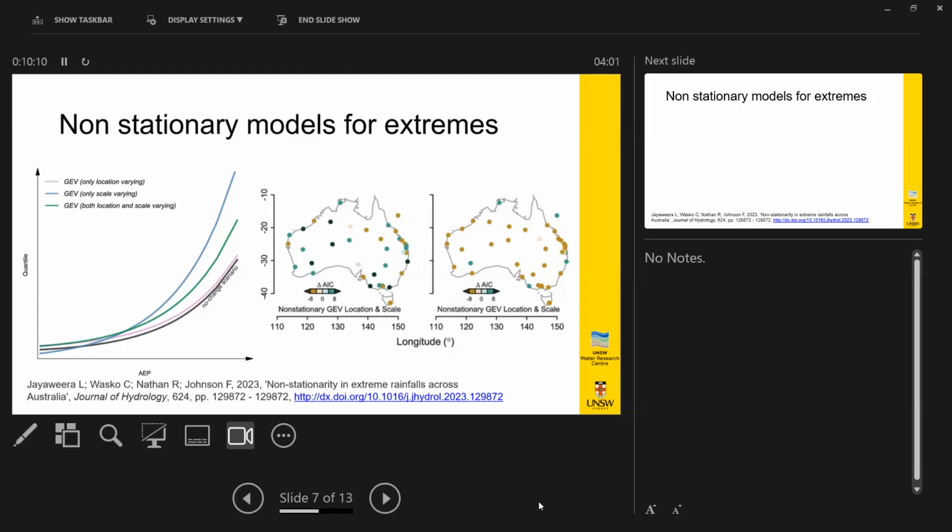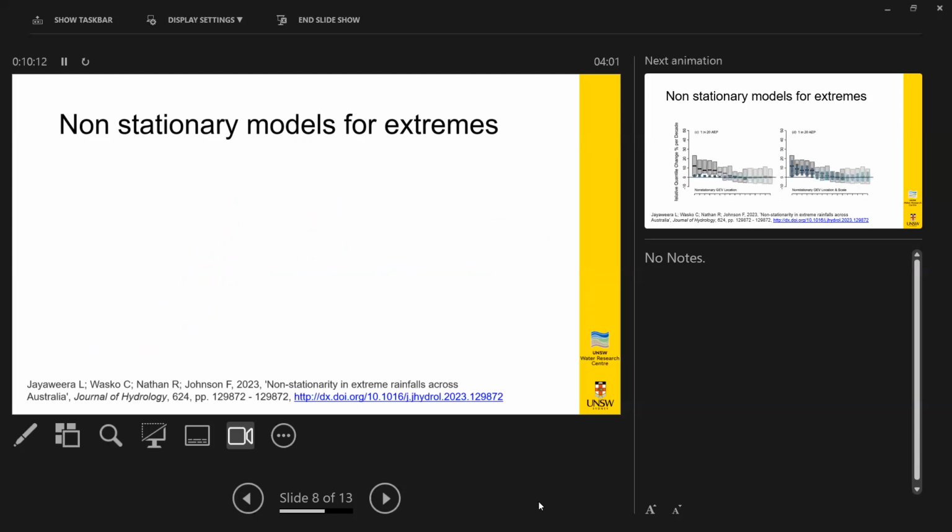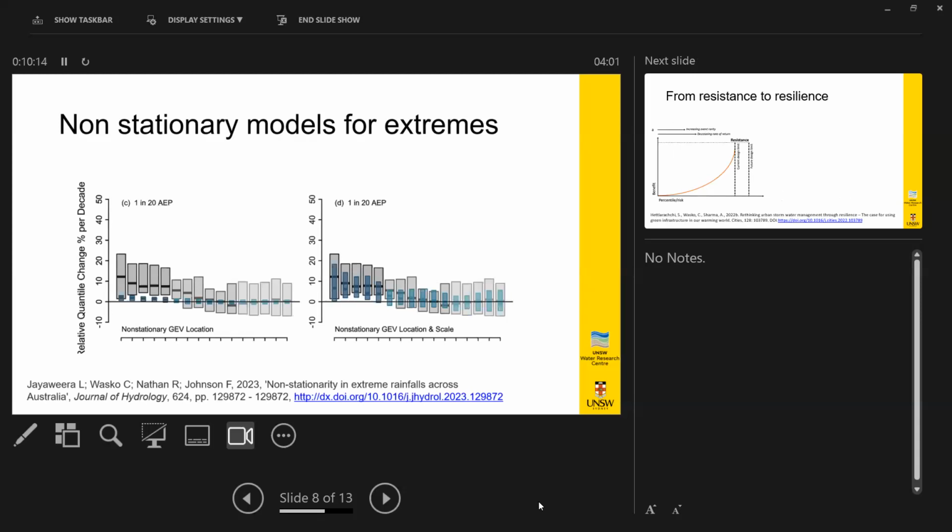But what Leilani also looked at was the fact that when you look at the changes in the estimates of the AEP, if you don't use a GEV with location and scale changing, you don't actually represent the changes in the rare events as well.